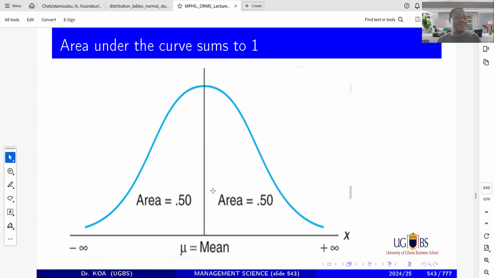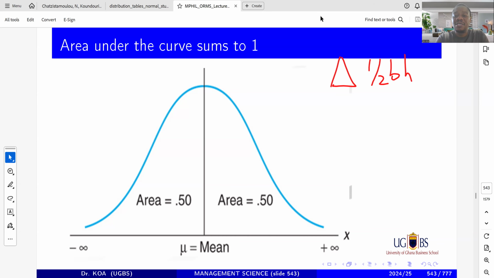It's not like a rectangle or a triangle. A triangle is half base times height, you remember? So when we look at a triangle, the area is half BH. And it changes, isn't it? The base can be different, the height can be different, so each time you can have a different area.